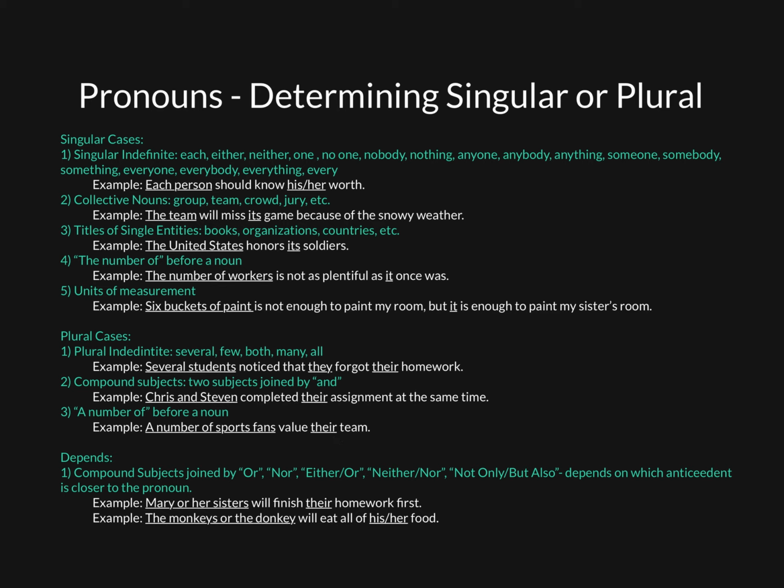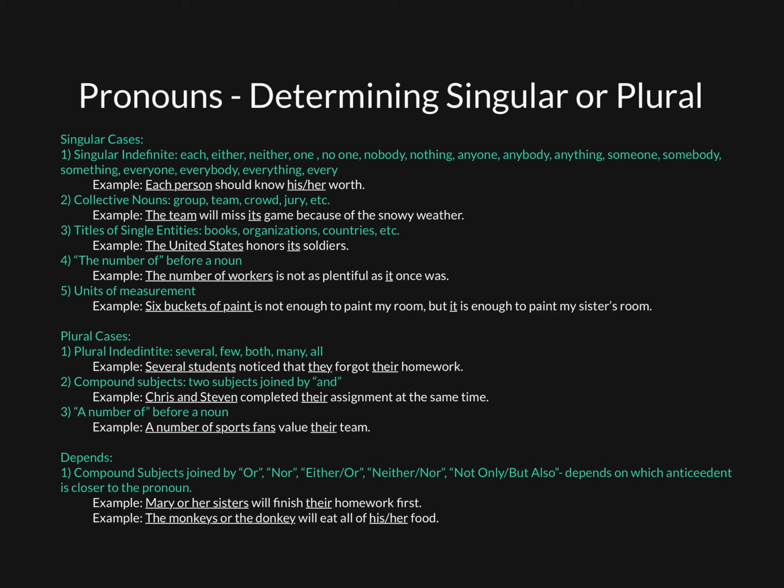Now we also have a case that it depends on the order of the wording. And that is when a compound subject is joined by or, nor, either or, neither nor, not only, but also. So it depends on which antecedent is closer to the pronoun.